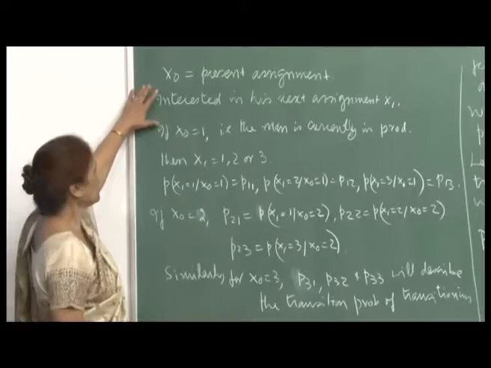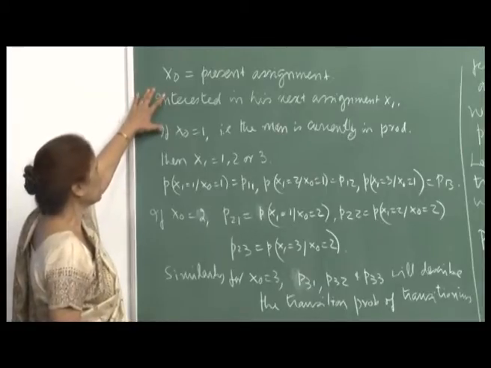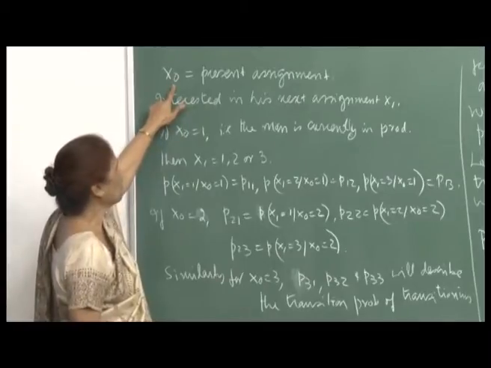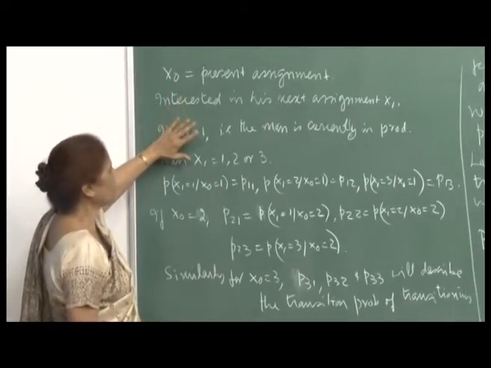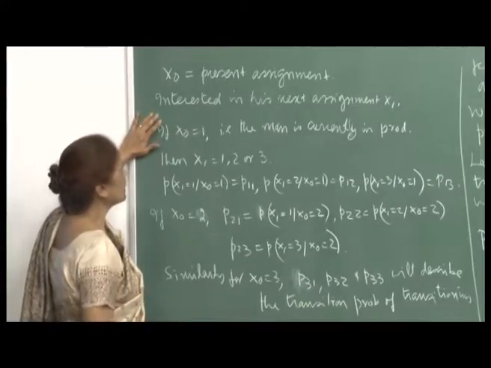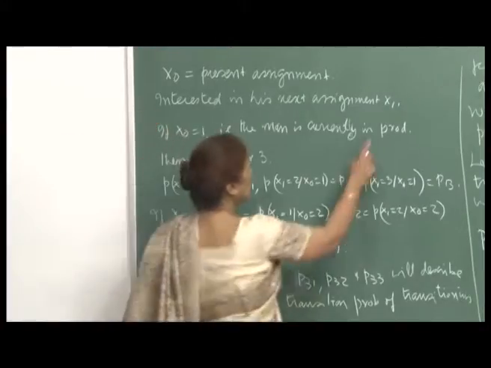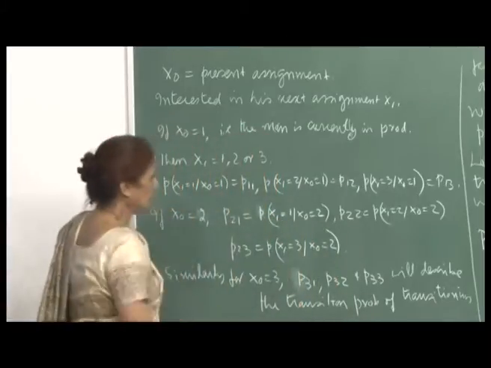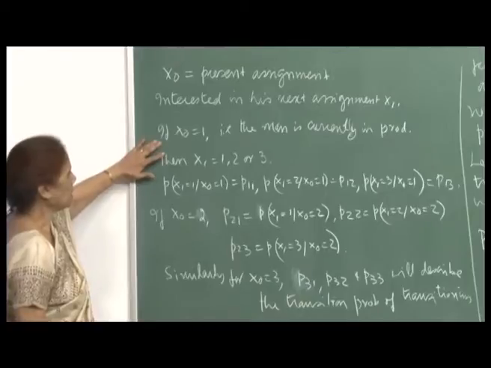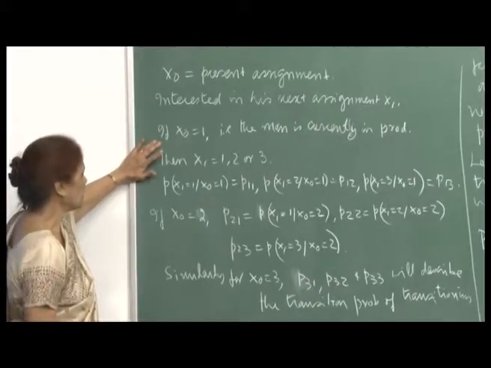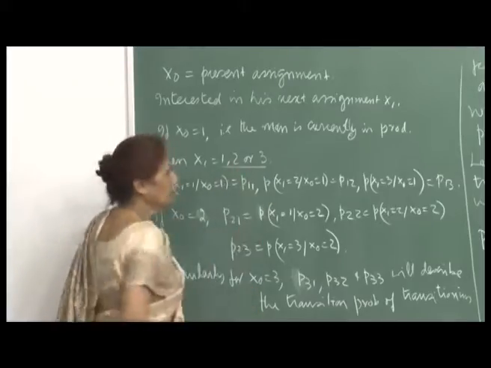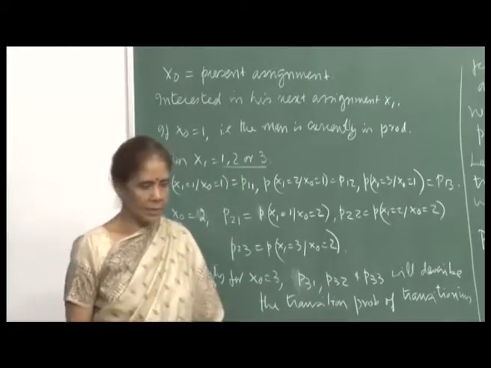Let us say X0 is the present assignment by our notation. Whatever the value of X0, that tells us the present assignment of the employee, and then we are interested in his next assignment, that is, we want to know the value of X1 in the next time period. So, suppose X0 is 1, that is, the man is currently in production, then X1 can be 1, 2 or 3, any of the 3 sections he can be assigned to.